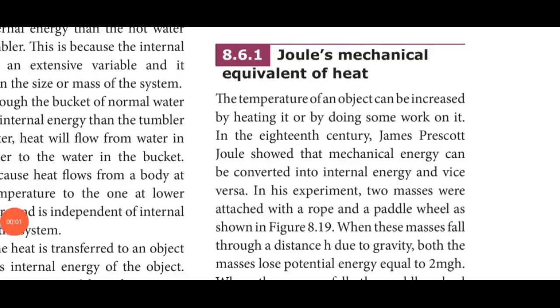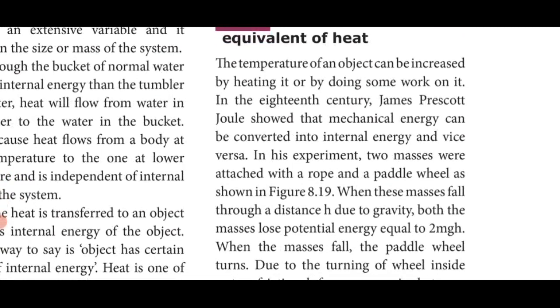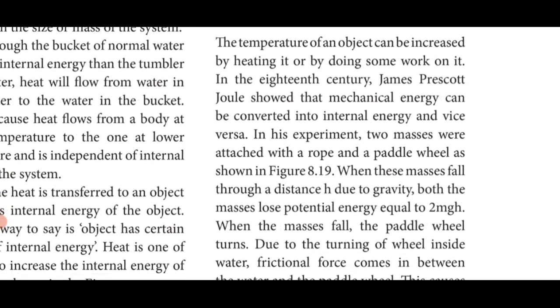Next, we pass on to Joule's mechanical equivalent of heat. The temperature of an object can be increased by heating or by doing some work on it. In the 18th century, James Prescott Joule showed that mechanical energy can be converted into internal energy and vice versa. In his experiment, two masses were attached with a rope and a paddle wheel.